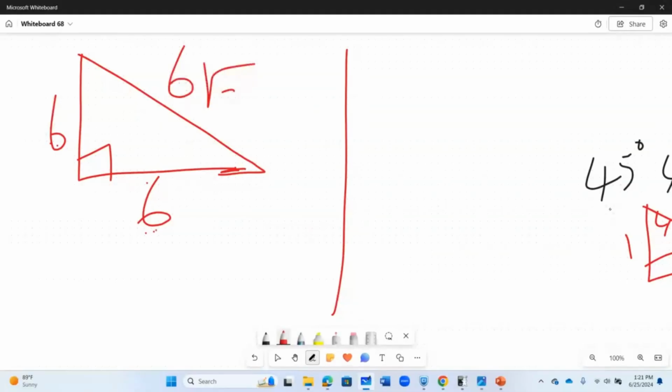When it was 1, 1, it was 1 root 2. Now that it is 6, 6, it is 6 root 2. So you don't waste your time solving what is obvious. So 6, 6, 6 root 2; 5, 5, 5 root 2; 10, 10, 10 root 2; 20, 20, 20 root 2; x, x, x root 2 is an isosceles right triangle.